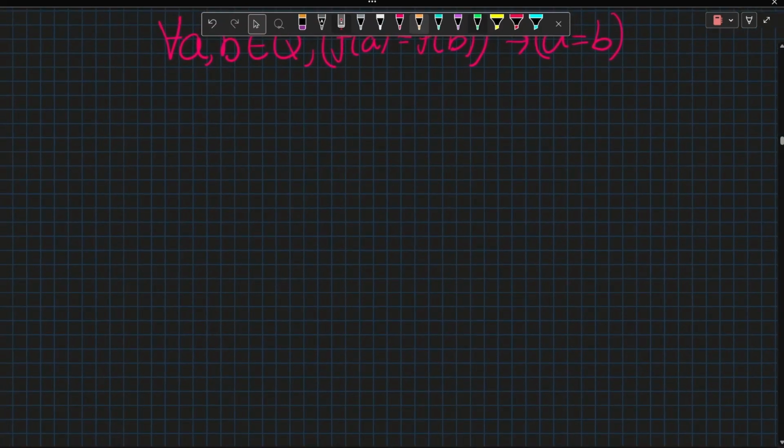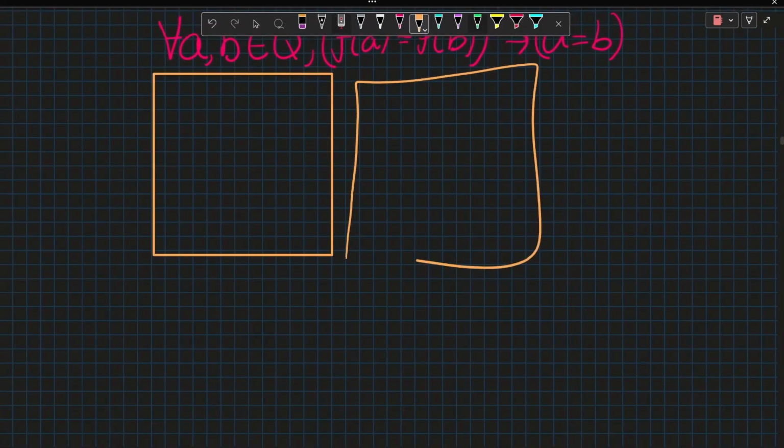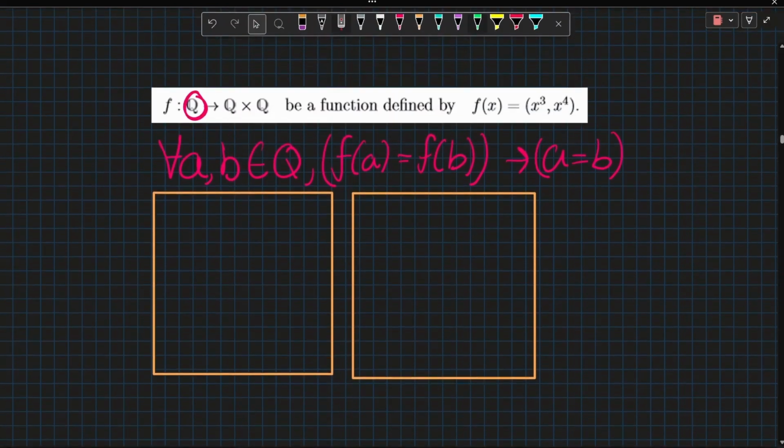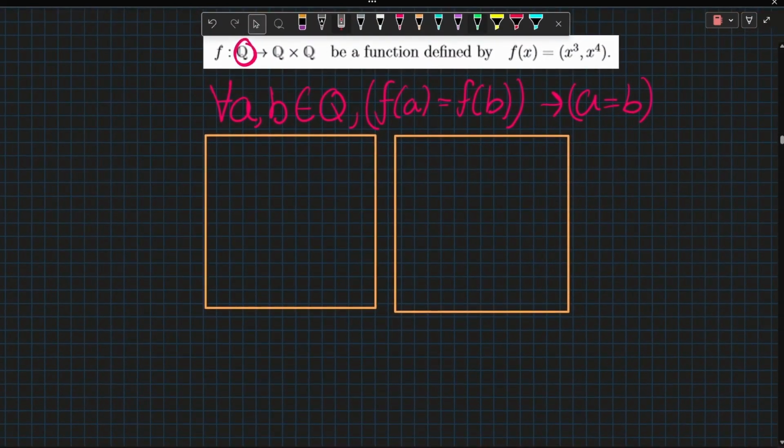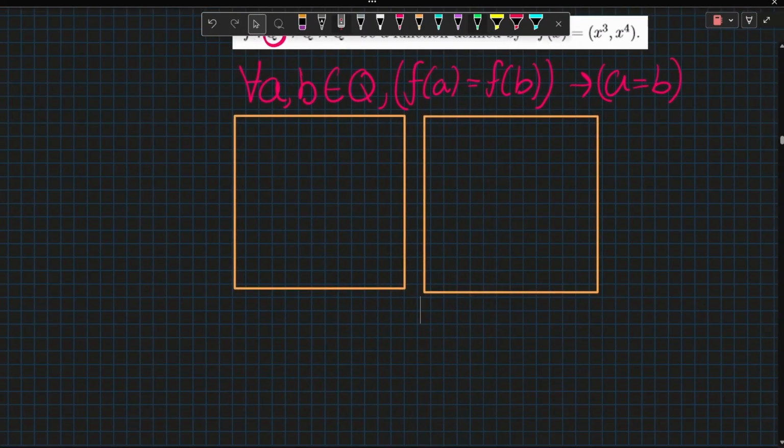We'll have to make two different boxes. Here's box 1, and here's box 2. Box 1 will deal with the x cubed, and box 2 will be worried about the x to the 4.